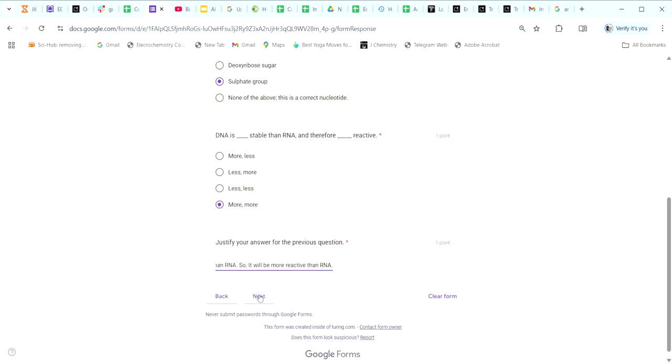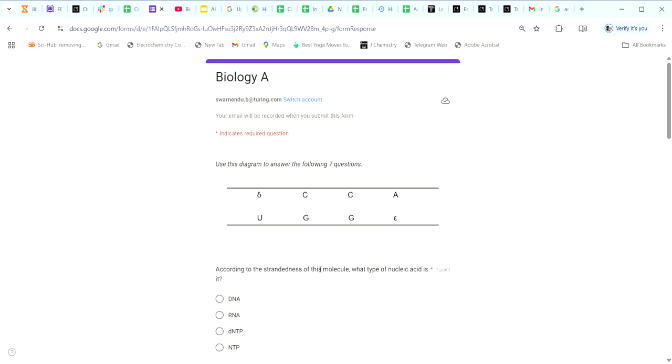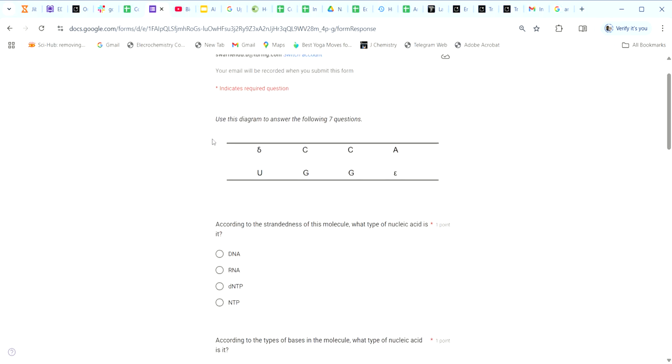Okay, next. Oh, what is this? Use this diagram to answer the following 7 questions. According to the strandedness of this molecule, I think the DNA strandedness. What type of nucleic acid is it? DNA, RNA, dNTP, and NTP.